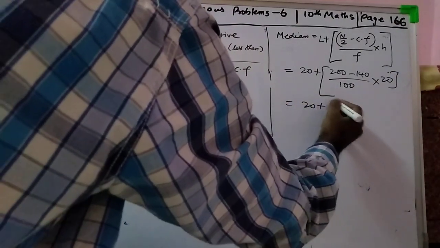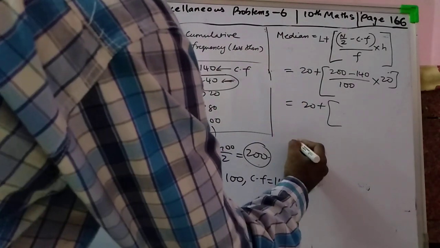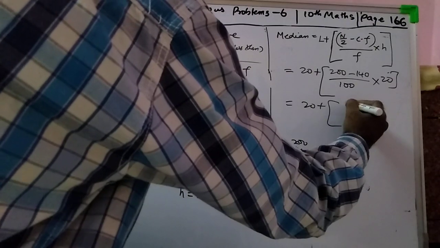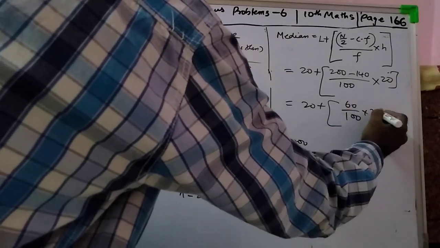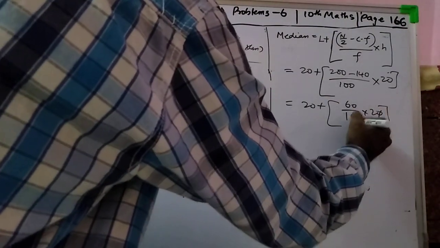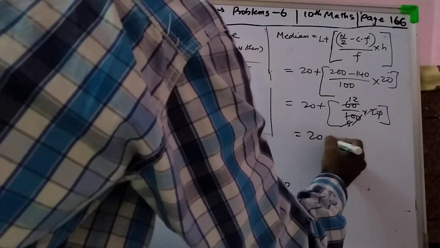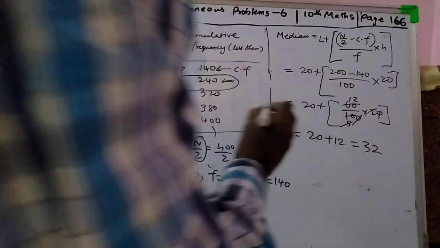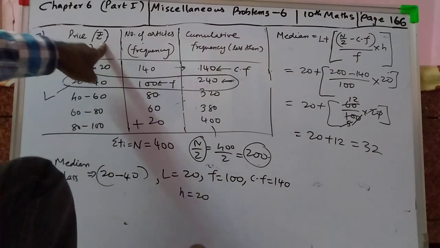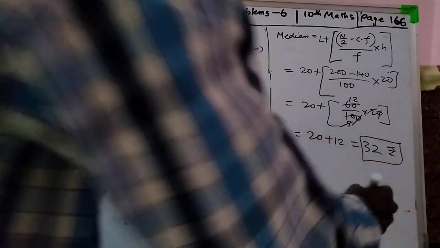That will become 20 plus (200 minus 140) upon 100 into 20. 200 minus 140 gives 60. 60 upon 100 into 20. 2 into 5, 5 into 12. So 20 plus 12 is 32. And your rupees is given. That's all, 32 rupees.